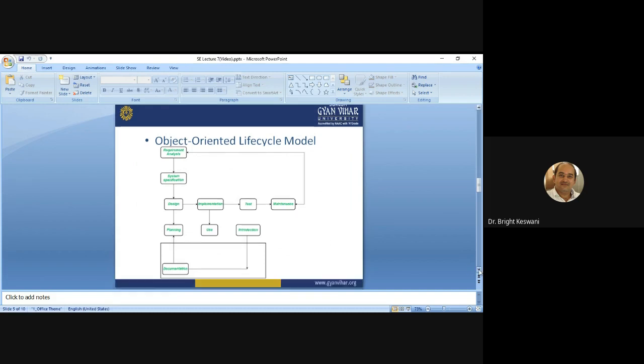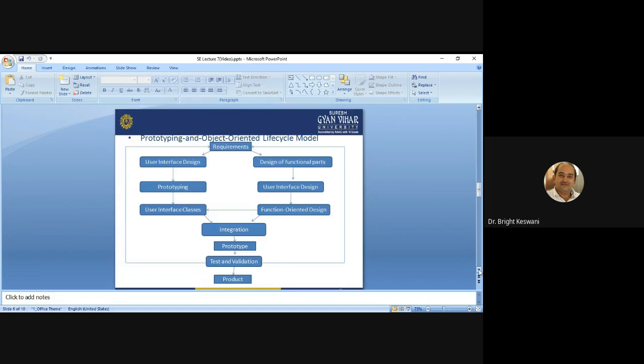Then we come to the next model, that is the prototyping and object-oriented lifecycle model. You can understand this model very easily through this illustration.